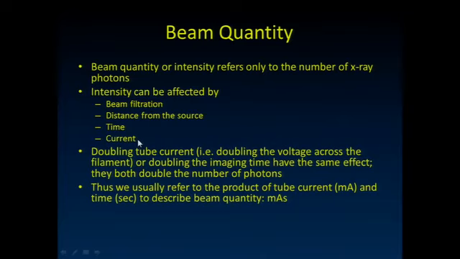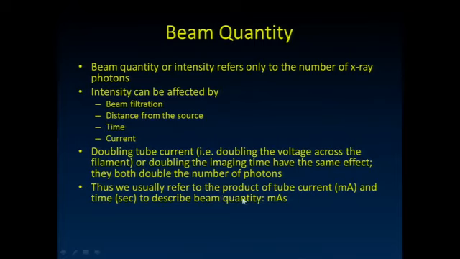When they hit the anode, they're hitting it with the same kinetic energy, but there's just more of them. We've increased the quantity of the beam. Doubling that current doubles the number of X-rays produced. Doubling the amount of time that we image for doubles the number of X-rays that were used. And so we usually say that that product, the current times the time, the milliamp seconds, is the important quantity.